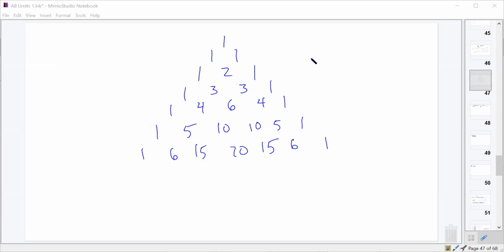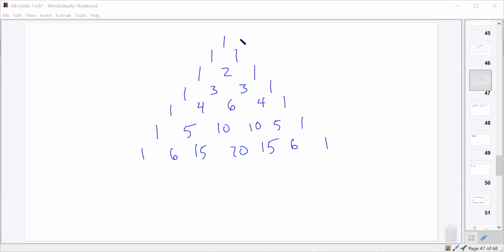It's super useful in probability theory, like choosing a certain number of colored marbles out of a bag, how many of each color you have in there. You can use numbers from Pascal's triangle to help you figure out the probability of picking a certain colored marble. But it's also really, really useful in algebra.